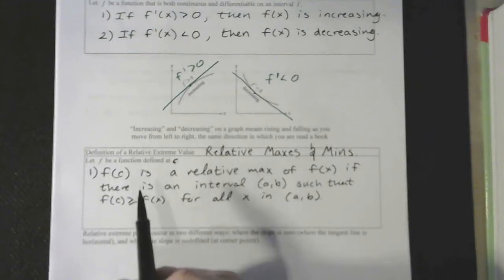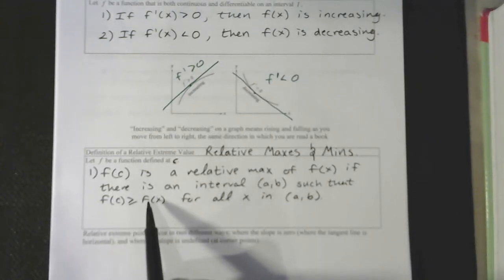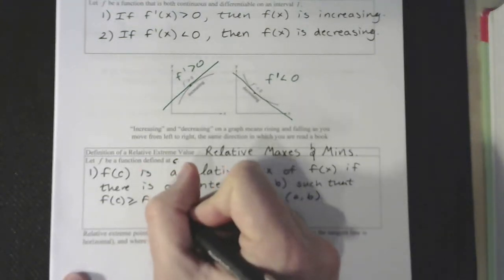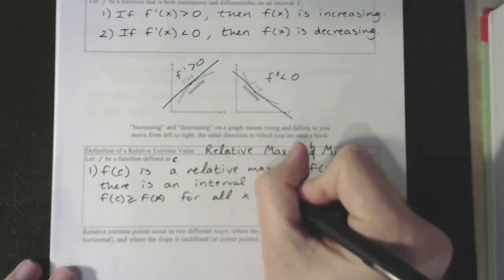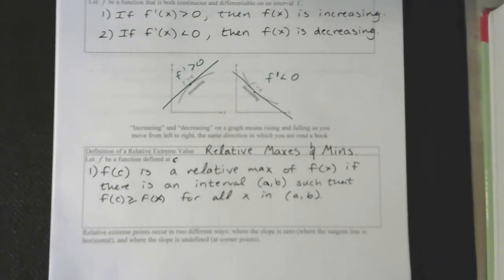So what we're saying here is that the value f of c is bigger or tied for the biggest for all of our function values on that interval. And this interval can be as big or as small as we like. It can be as small as 2 points, it can be as big as infinite points, and that could change.